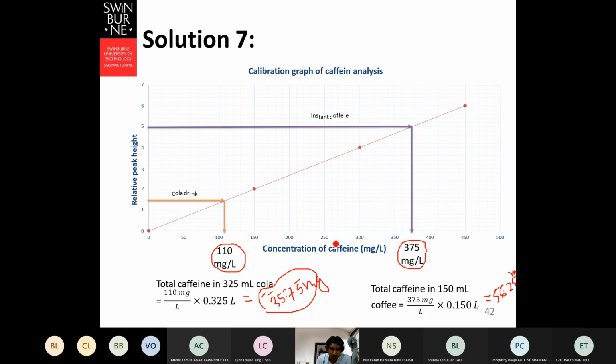And my coffee is actually an instant coffee. Probably they put more coffee and more sugar there, but if we take coffee at home, like black coffee, it probably does not have that much caffeine.